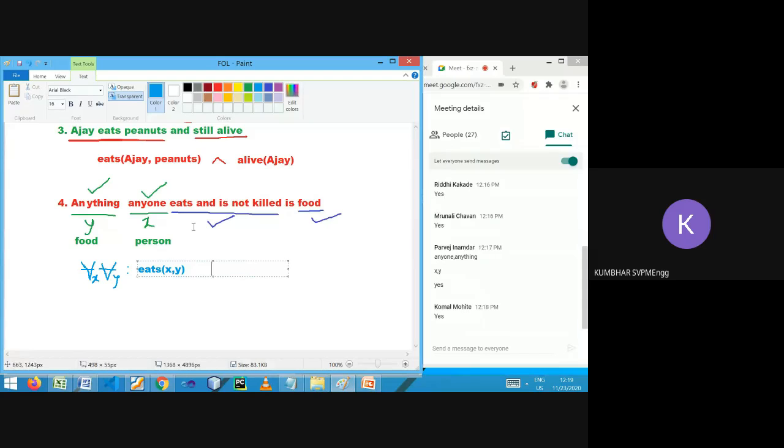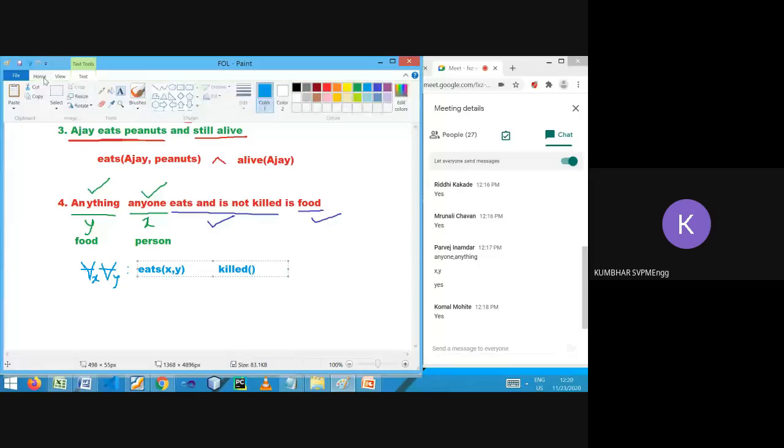Let's go next. Now, this is eats, not killed. Not killed means we have to write killed first, as one predicate. Tell me what variable we can send to this. Who can be killed? Here you have to think broadly.